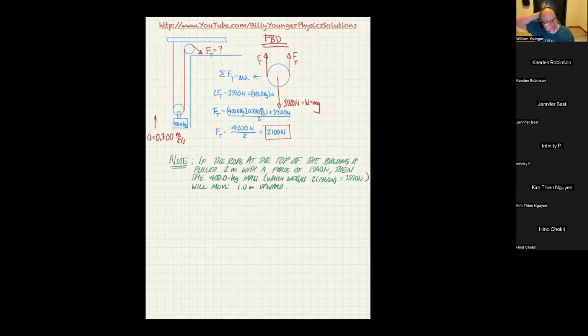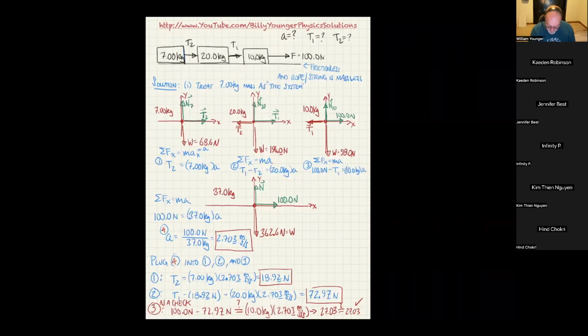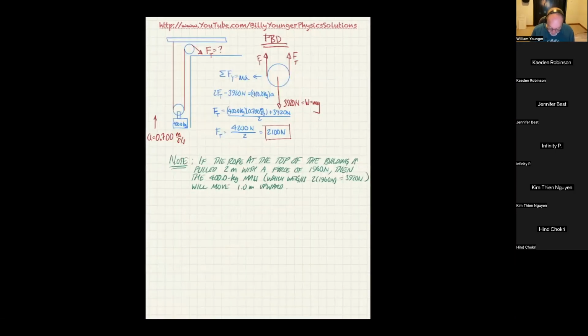And since they're both magnitude FT, they cancel each other out. That's the nature of what it's supposed to look like. After you draw the free body diagram, your tensions should look like they're canceling each other out. Notice that's also what they did here. T2 in the middle diagram is pointing to the left, and T2 in the leftmost diagram is pointing to the right. So you can see that they are actually acting like they're canceling each other out. Anybody have any questions on that?